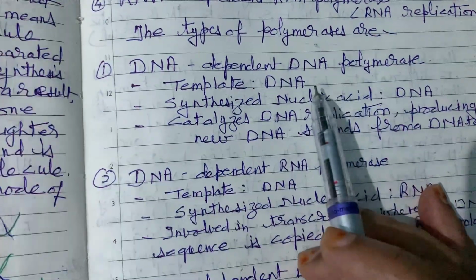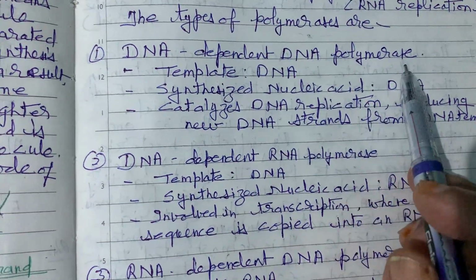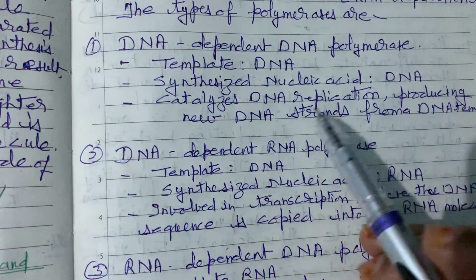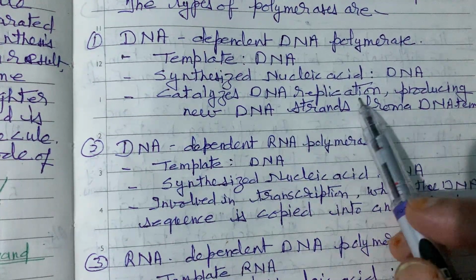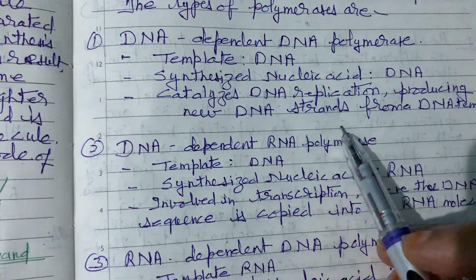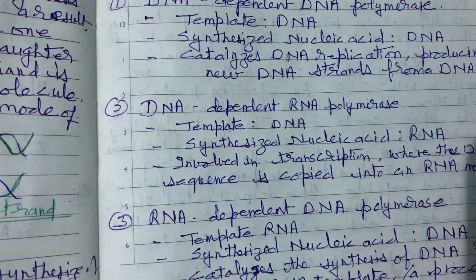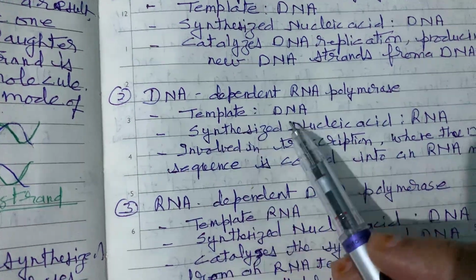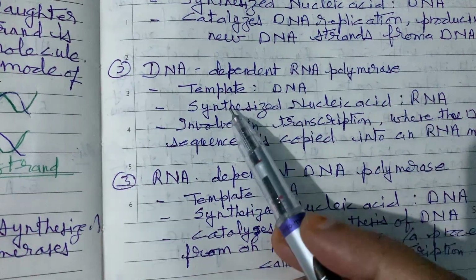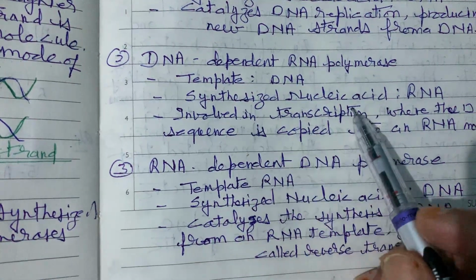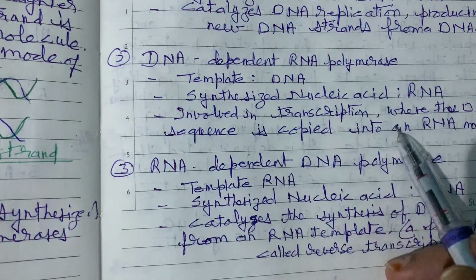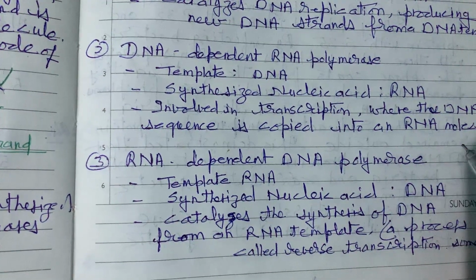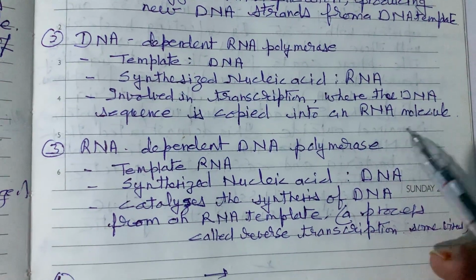So the types of polymerases are: DNA dependent DNA polymerase, where the template is DNA and the synthesized nucleic acid is DNA, which catalyzes DNA replication, producing new DNA strands from a DNA template. They make a new DNA strand from the template. And DNA dependent RNA polymerase, where the template is DNA and the synthesized nucleic acid is RNA, is involved in transcription, where the DNA sequence is copied into an RNA molecule.